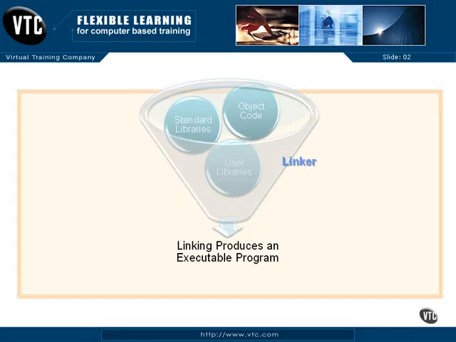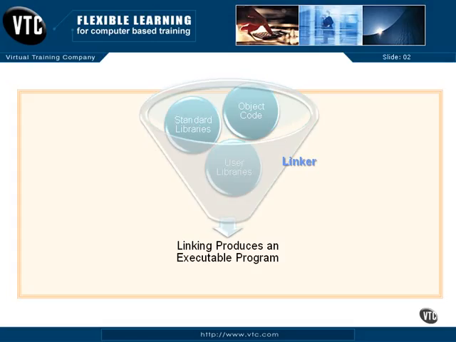So to recap, a compiler, the program we've just installed, is going to take our C programming instructions and turn them into object code. The link step is then going to link our object code with some standard libraries that already exist and produce an executable code.